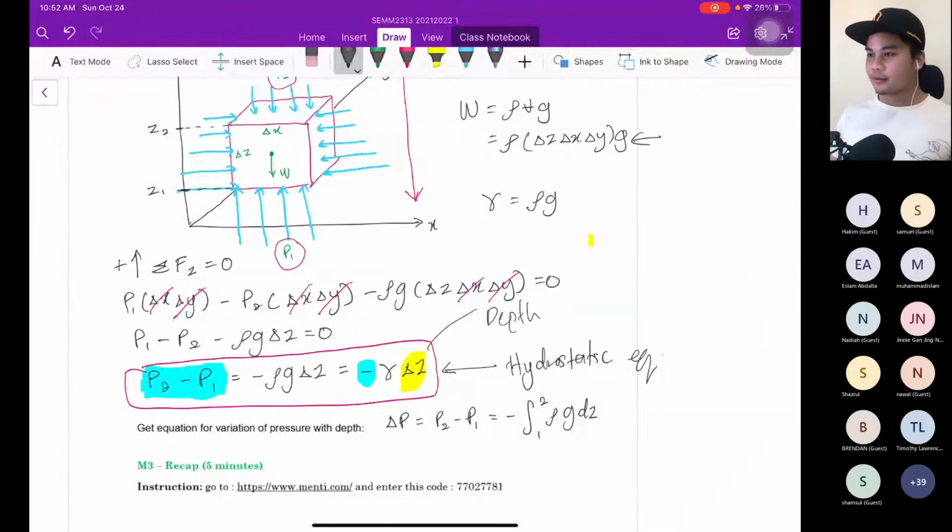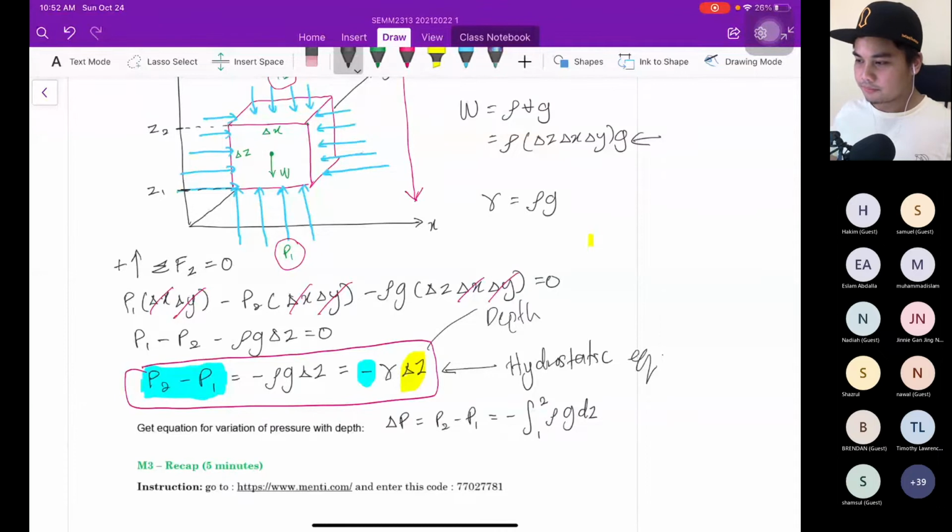No, I mean the gamma equation. What do you think gamma is? I think in the previous class we used a different symbol.